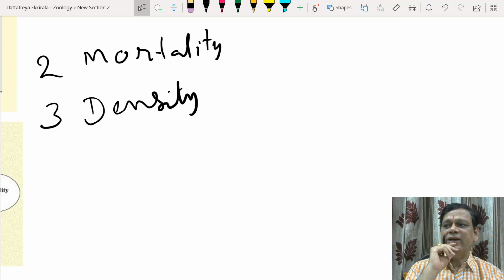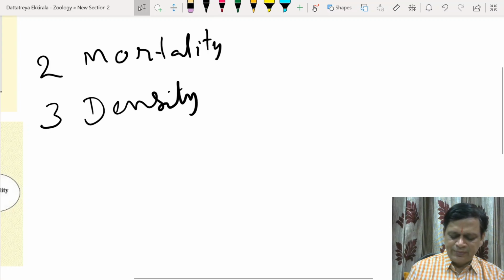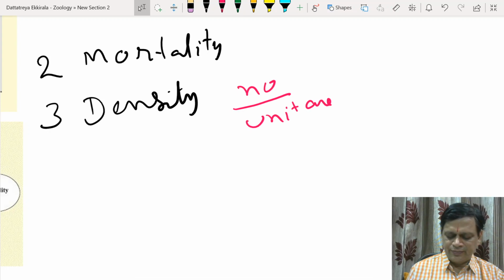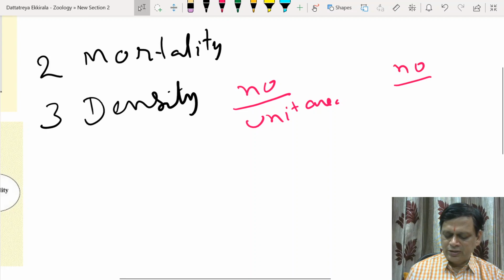For example, in India, most commonly for human beings, you can say the number of persons living in a square kilometer area becomes the population density. So the common measure is number per unit area or number per unit volume.